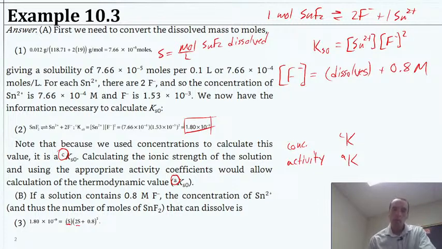Might not get the explanation fully, but let's just track right here and say, in this case, we're going to call Sn is S, and F minus that is dissolved is 2S.